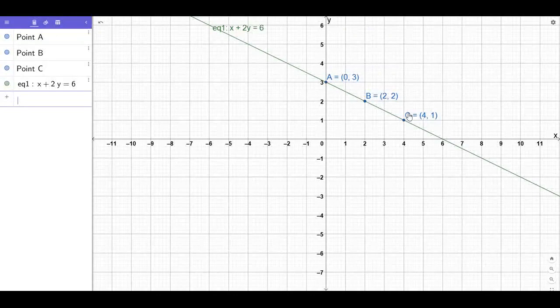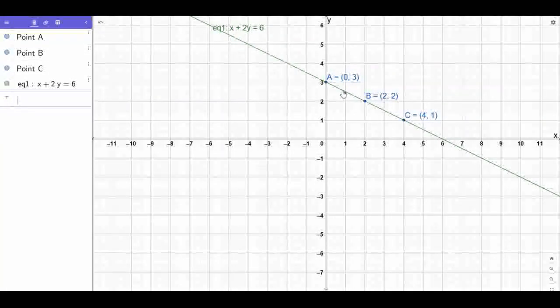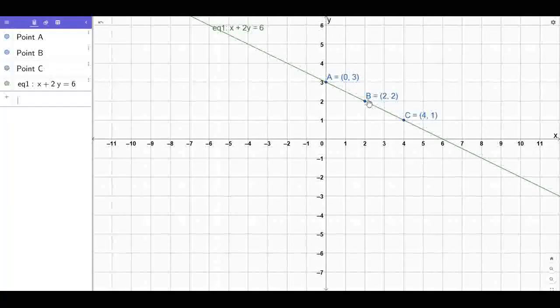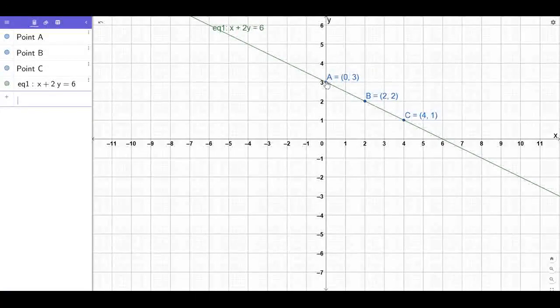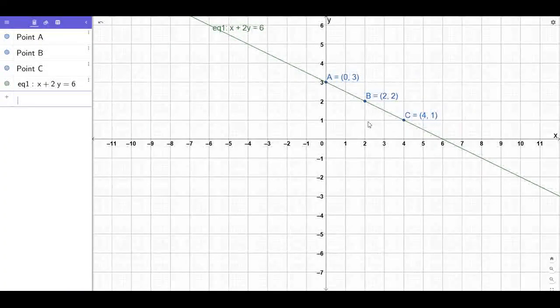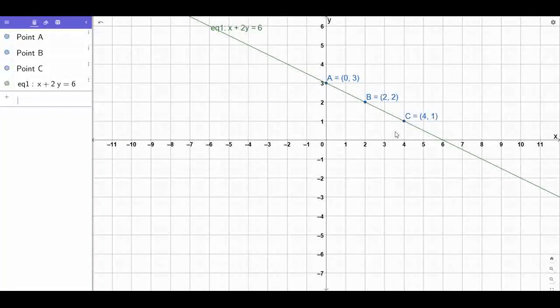And that is the reason why we take 3 points. If we take 3 points and by any error, if any one of the points is calculated wrong, then what will happen is you will not get all 3 points in a single line. You may find that one of the points is either here or somewhere here or somewhere here, and that gives us an idea that okay, we have done some mistake while calculating the solution.